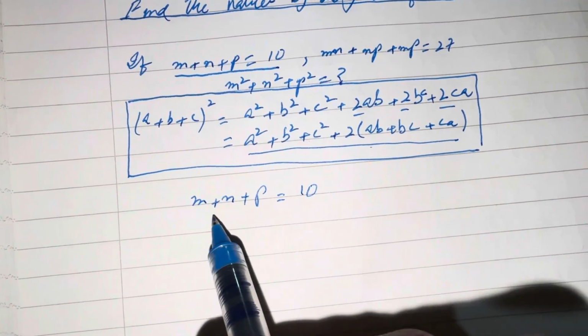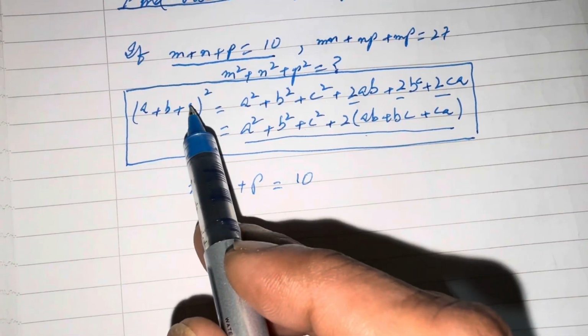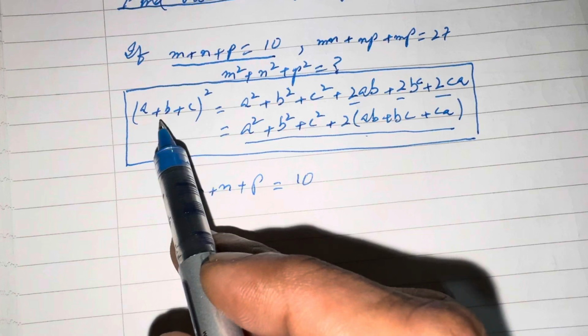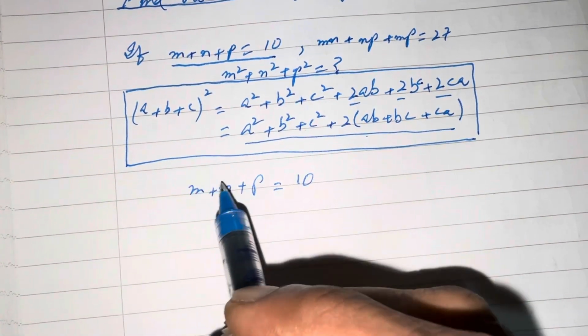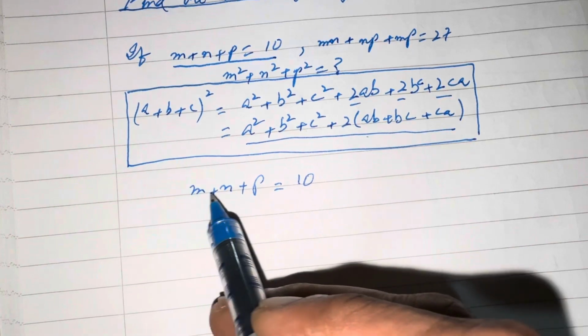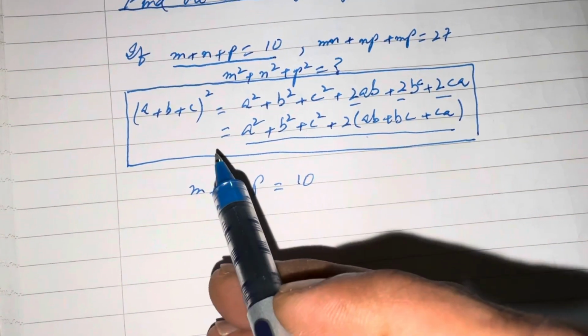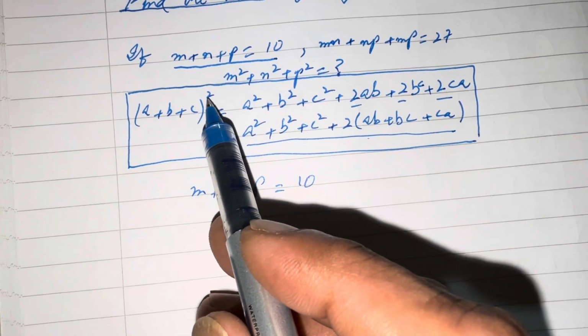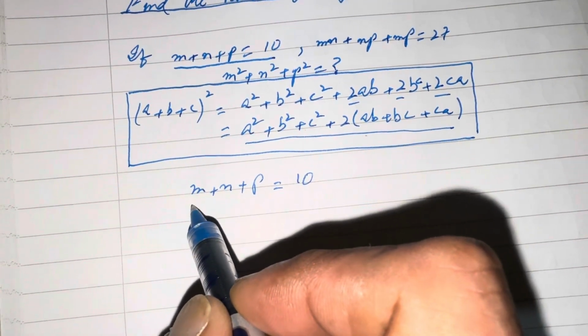So what we will do with this value: if you see that three different variables are adding with each other and taking the square, here we are going to take the square.